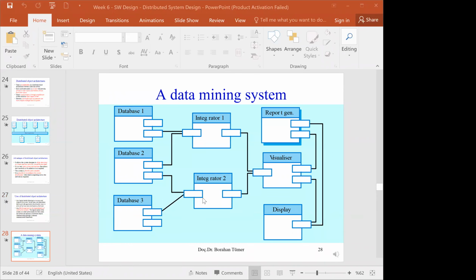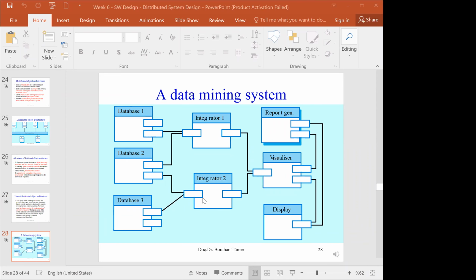Okay, this is a typical distributed object architecture. Here, at the left-hand side, we have three database units. At the right-hand side, we have different output functionality. And in the middle, we have integrator objects, which are used to perform application functionality.